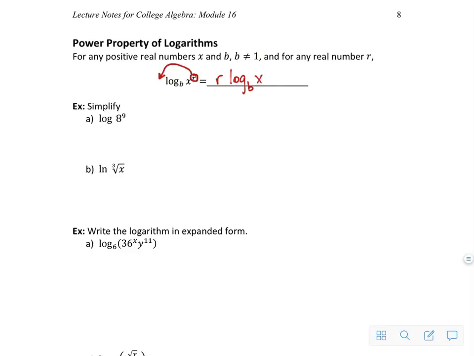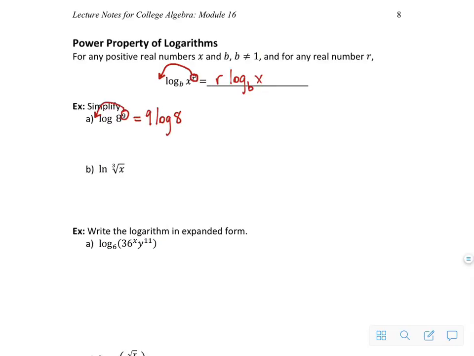Like on a here, you take that 9 and move it out front. Log of 8 to the 9th gives you the same thing as 9 times the log of 8. And you can verify that with a calculator. Try taking log of 8 to the 9th, which I have my calculator here.